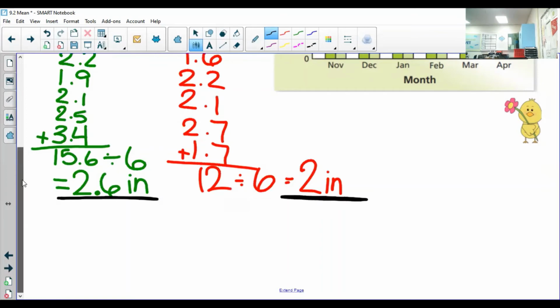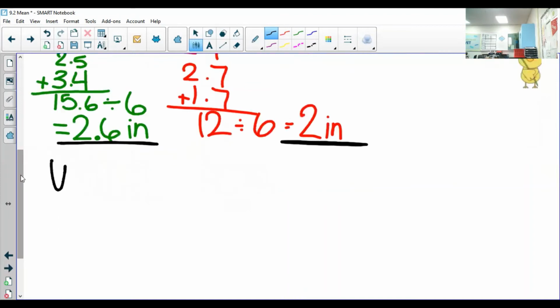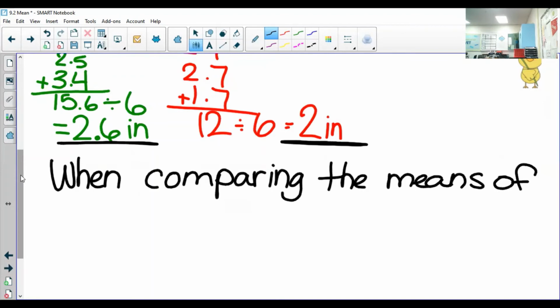So we could say something like, when comparing the means of city A and B, comma. What do we notice? Who gets more rainfall? City A by 6/10.